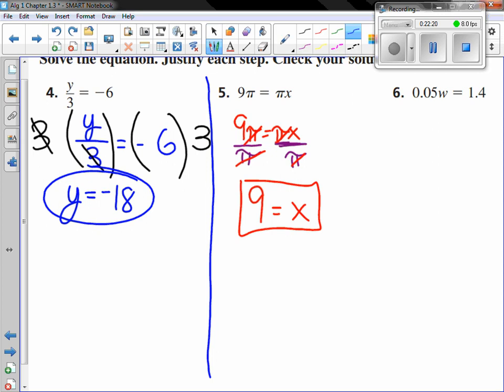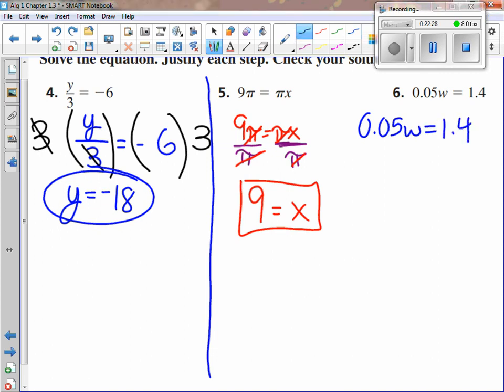Now looking at the last one here, 0.05w equals 1.4. What we want to do is get the value of w by itself. So we're going to use our division property of equality and divide both sides by 0.05. 0.05 and 0.05 will cancel, leaving me with w is equal to 1.4 divided by 0.05.